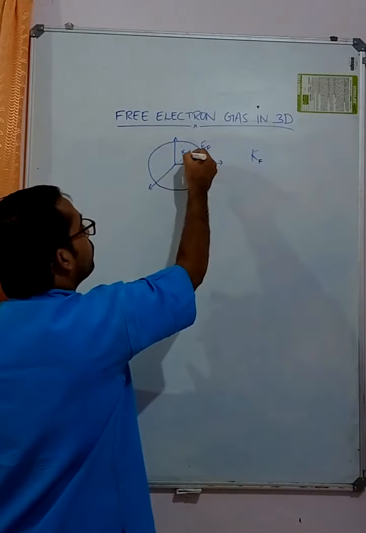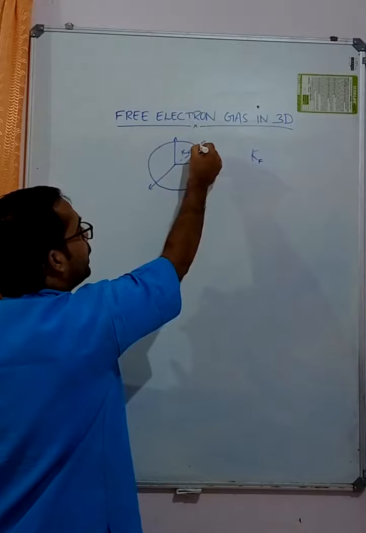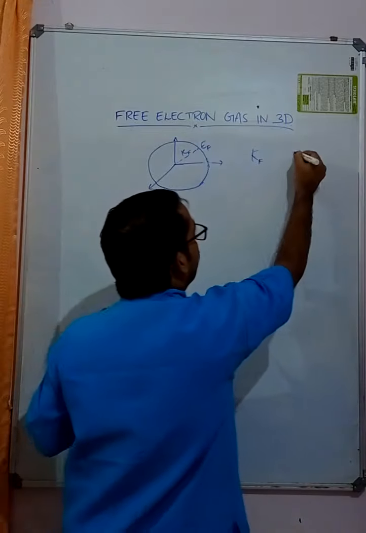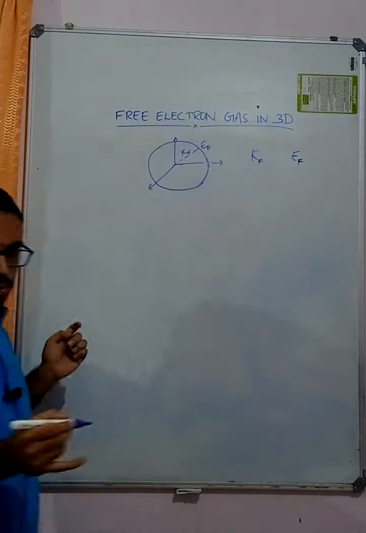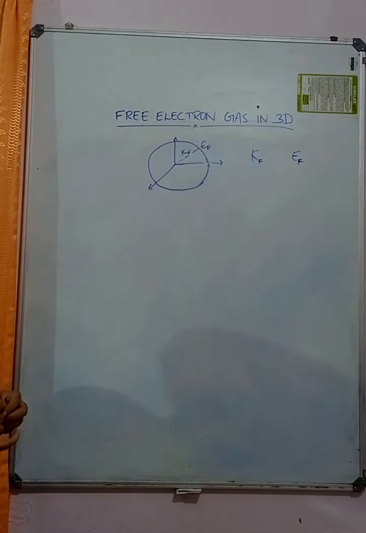At the surface of the sphere the energy will be Ef, which is the Fermi energy.